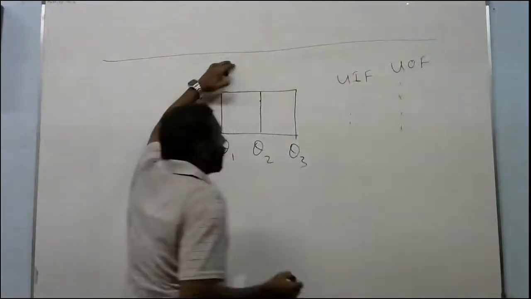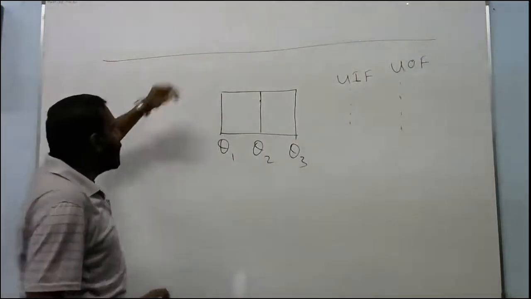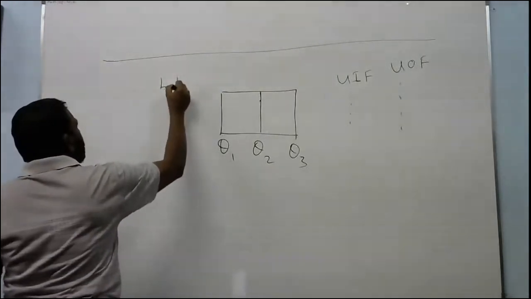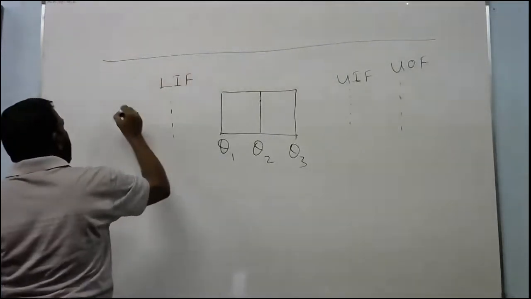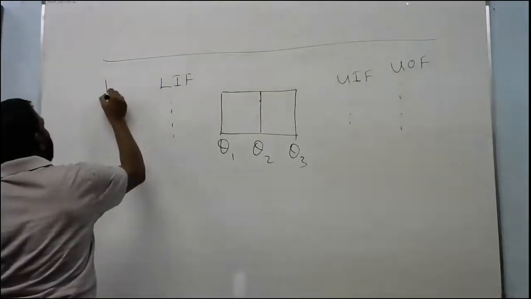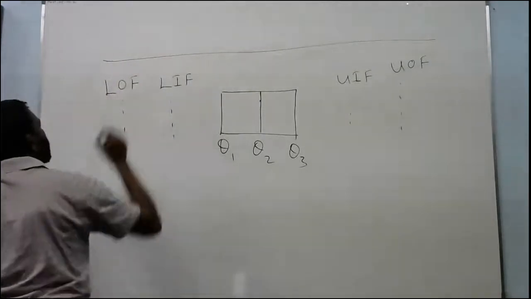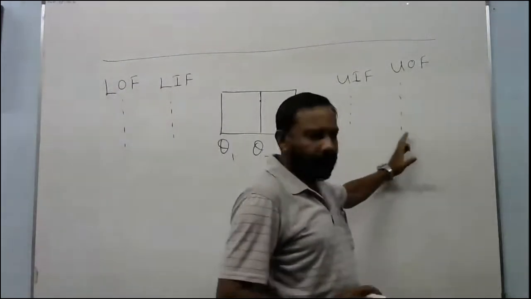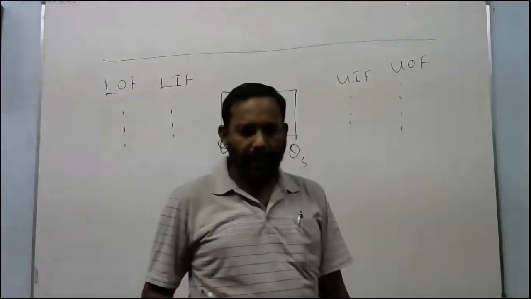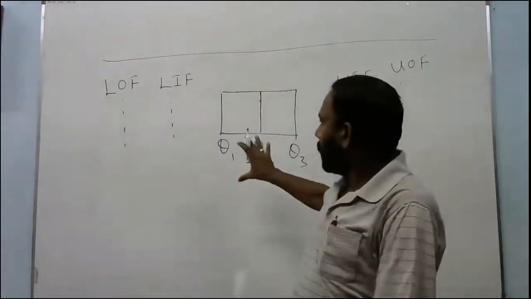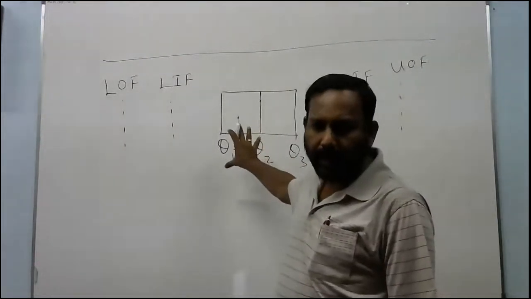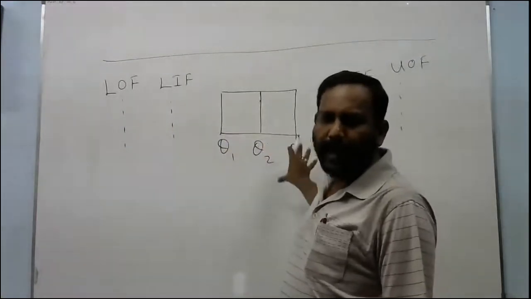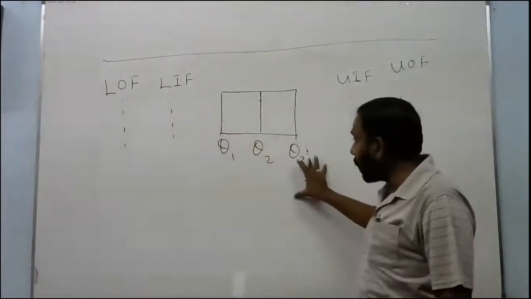Similarly, you can have the lower inner fence and the lower outer fence. You see, these are imaginary boundaries. This is not the final box and whisker plot. I will show you the final box and whisker plot later on.